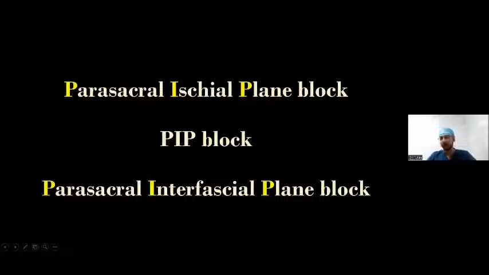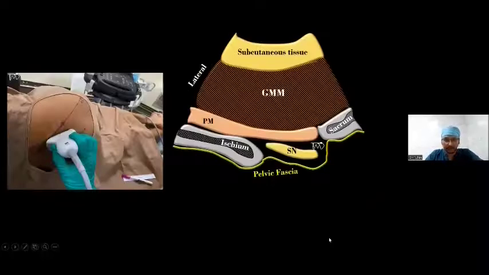Now coming to the more interesting one, that is the parasacral ischial plane block, or parasacral interfascial plane block, or PIP block. This block was described by Dr. Madan Narayan and Dr. Tulgar simultaneously with two different names. The scanning technique will be similar to the Bendtsen technique, and here instead of blocking the sciatic nerve directly, we are targeting the ischium.